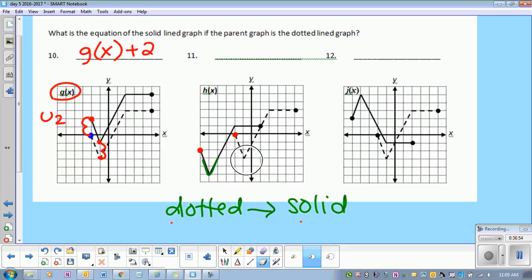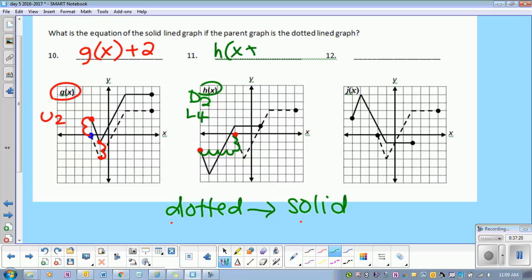We're going to see how it moves. So from here to there, let's see, it goes down, was that 2? Down 2. And then 1, 2, 3, 4 to the left, right? Okay. So how do we write that for this h of x? h of x plus 4, close parentheses, minus 2. Plus 4, close parentheses, minus 2. Good. Perfect. Good job.